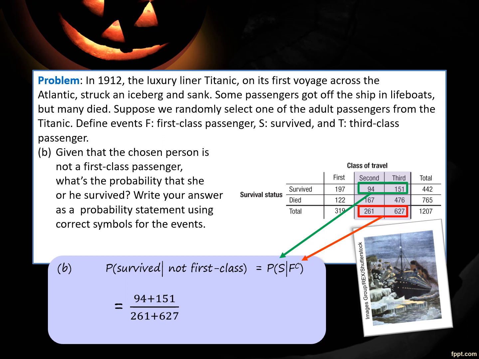So my total that I'm dividing by is going to be 261 plus 627. That adds up to 245 divided by 888, and I get a probability of 0.28. So in this particular case, there's a 28% chance that someone survived if they were not a first class passenger.